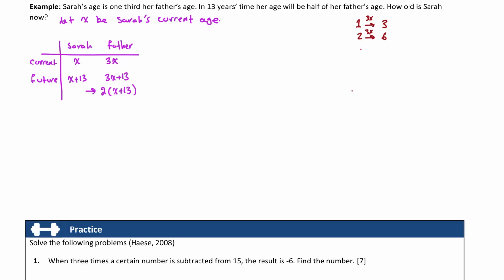So we're saying that father's age in future for sure has to be 3x plus 13, because her father is currently 3 times older, and in 13 years he will be 3x plus 13. And in future we know that her father's age is 2 times as much as Sarah's future age, which is x plus 13. So 2 times x plus 13 should be equivalent to 3x plus 13.